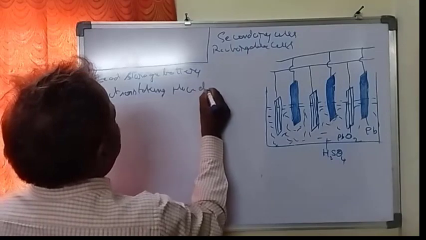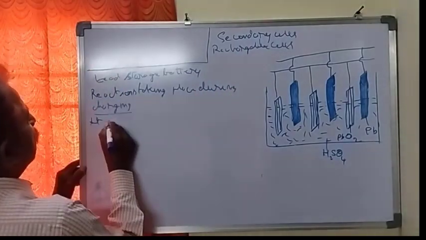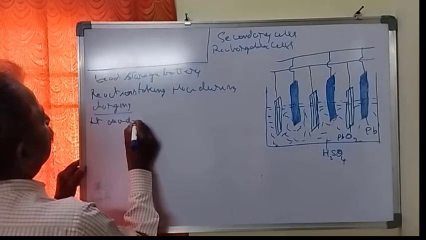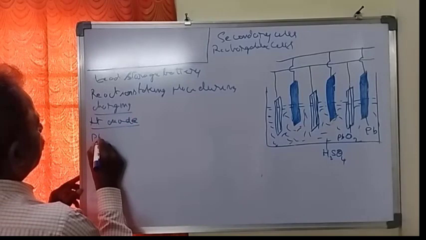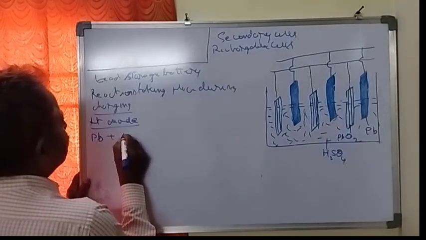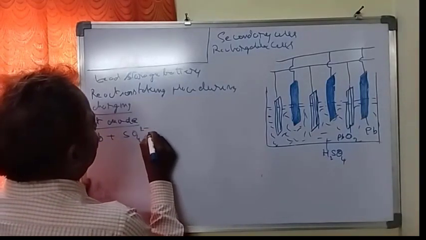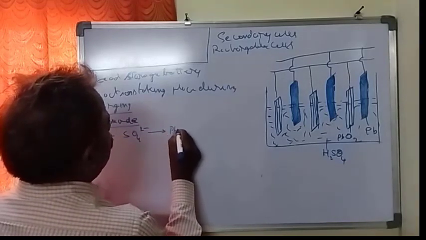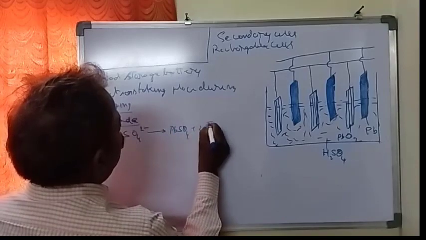Reactions taking place during charging. At anode, Pb plus SO4 2- gives PbSO4 plus 2 electrons released.